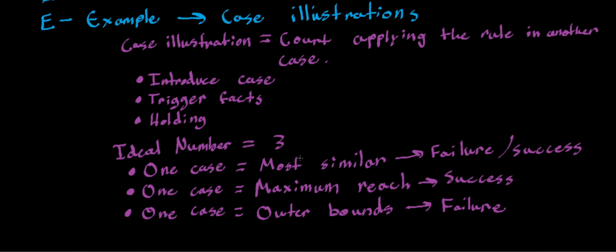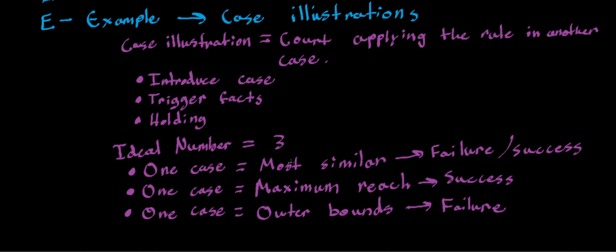Ideally, you want to have three case illustrations, one with a case that's most similar to yours, one with the case that shows the maximum reach of the rule, and one case that shows what the outer bounds of the rule is. That is a case where someone asked the court to extend the rule even further and the court said no.